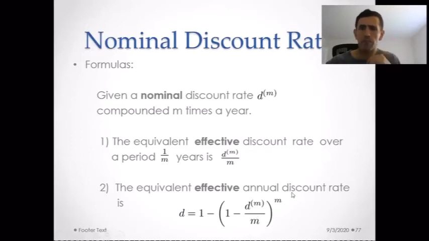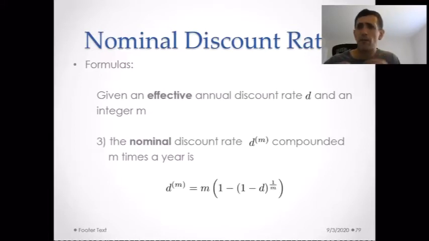Now let's suppose instead we were given an effective annual discount rate. You can very easily solve for d superscript m in this formula. You just subtract 1 minus everything, raise both sides to 1 over m, et cetera.